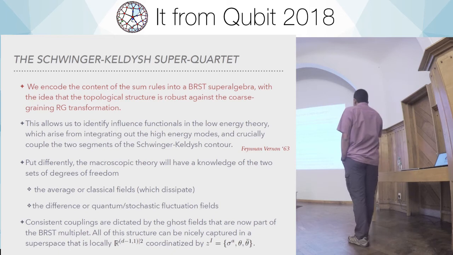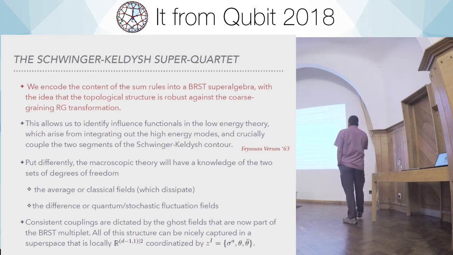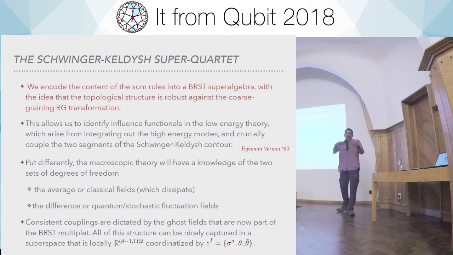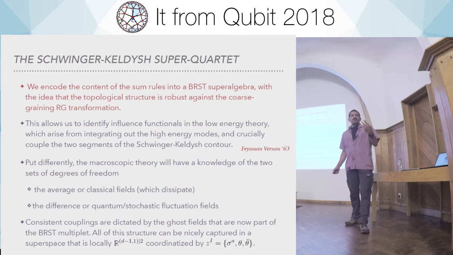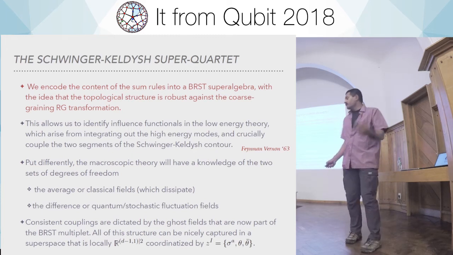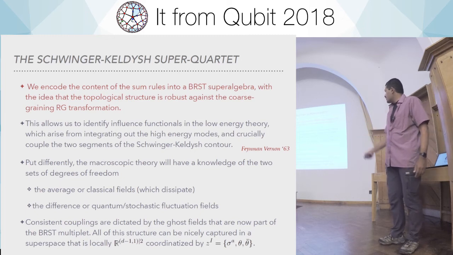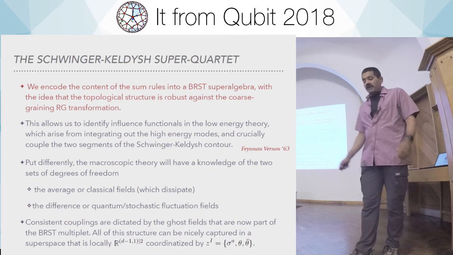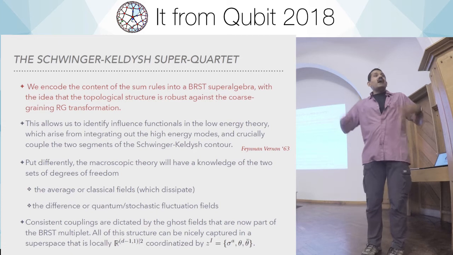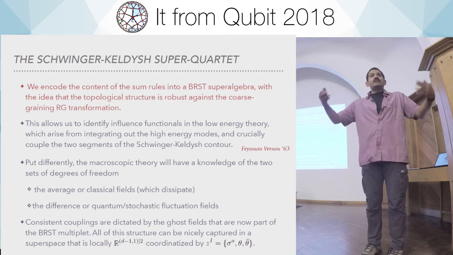I can say this slightly differently. You start from a microscopic theory and integrate out the high energy stuff to get the macroscopic low energy theory, and it has to have two sets of degrees of freedom. In the right-left language, it has to have an average, or what is usually in the stat-mech literature called the classical fields, and these are the fields that dissipate. These are the fields that you actually measure.